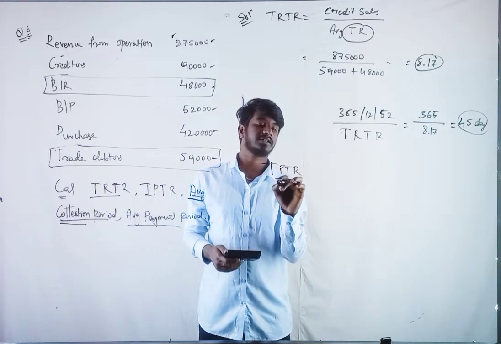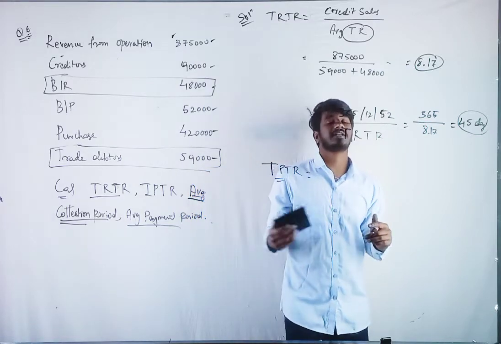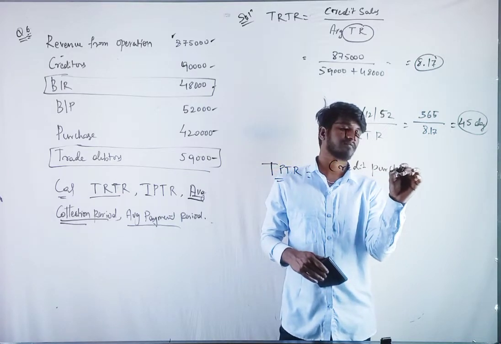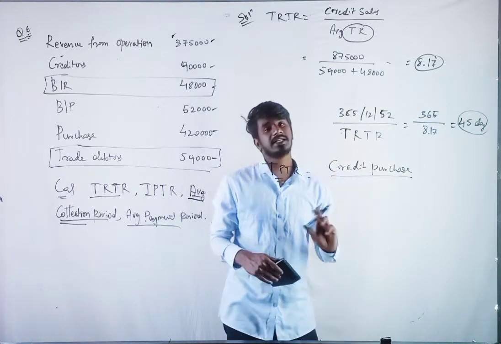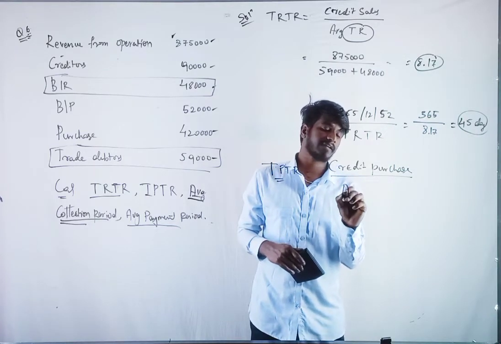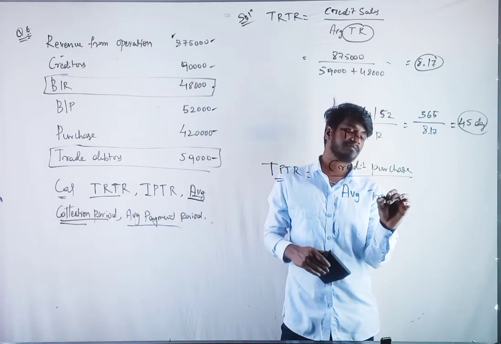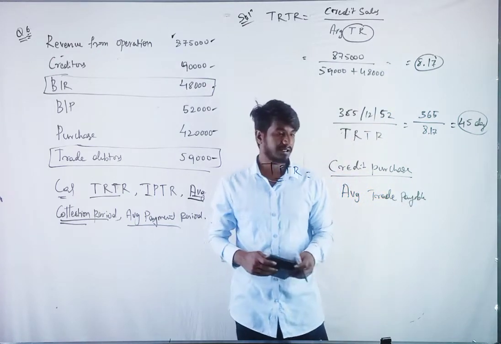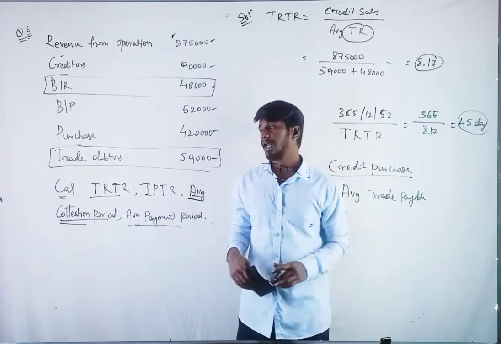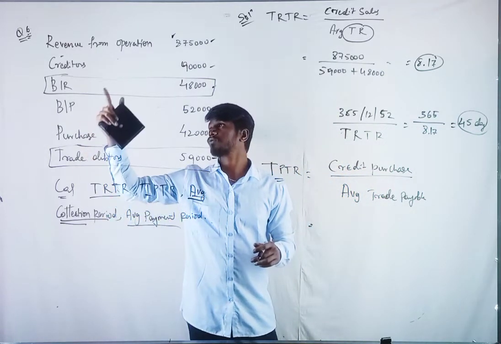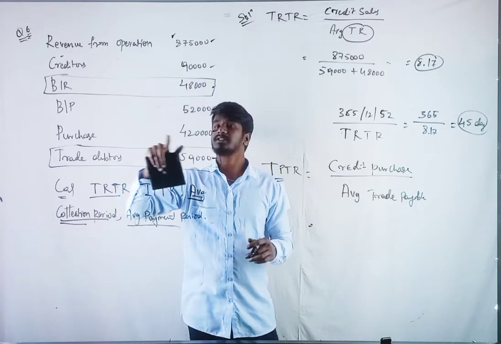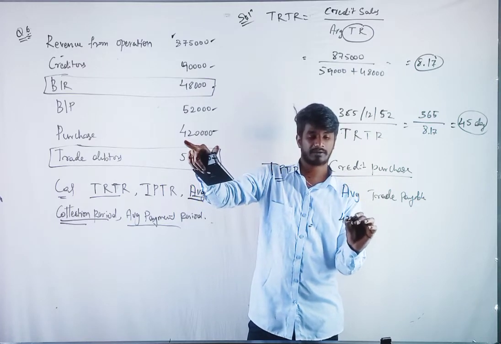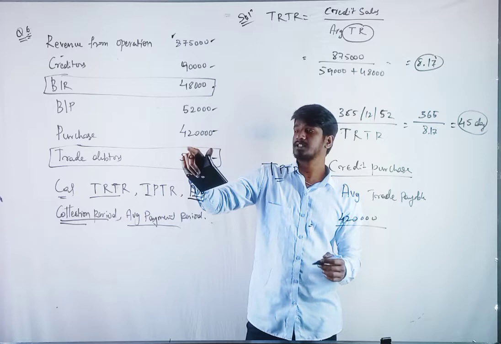Next, trade payable turnover ratio is equal to credit purchase divided by average trade payable. Completely we can assume purchases as credit purchase. 4,20,000 divided by average trade payable.